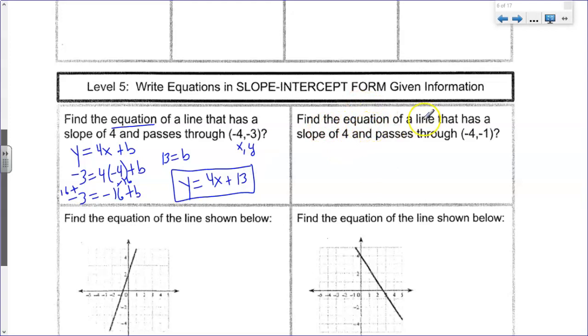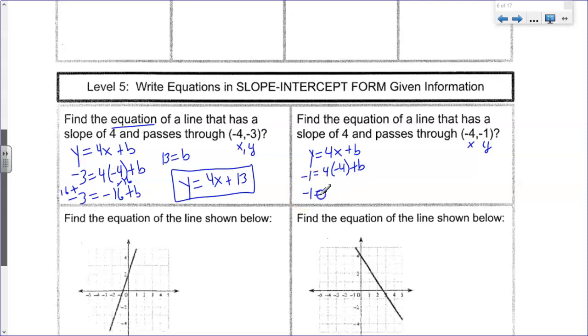All right, find the equation of a line that passes through and has a slope of 4. So y equals 4x. We don't know b again because x is not 0, but we do know x and y. So I plug x in and y. So I have negative 1 equals 4 times negative 4 plus b.